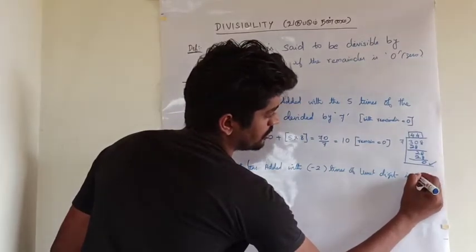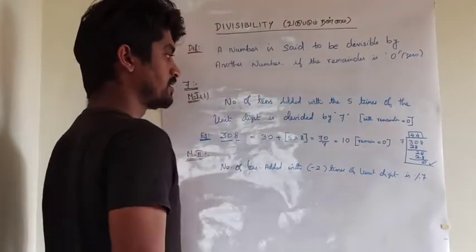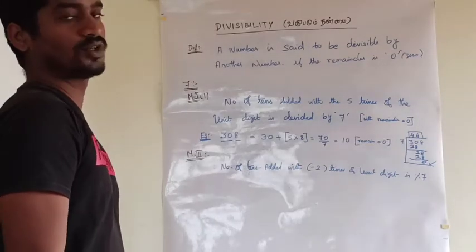If this is divisible by 7, the given number is also divisible by 7.